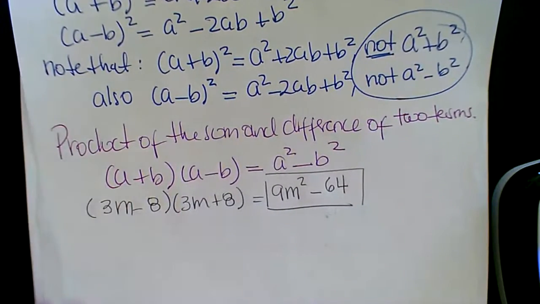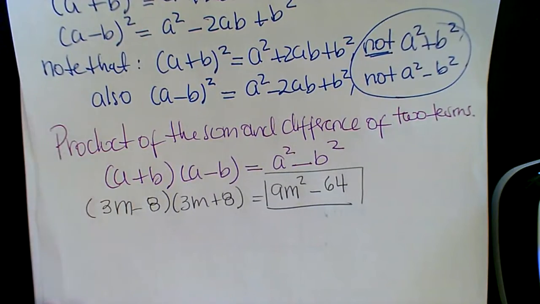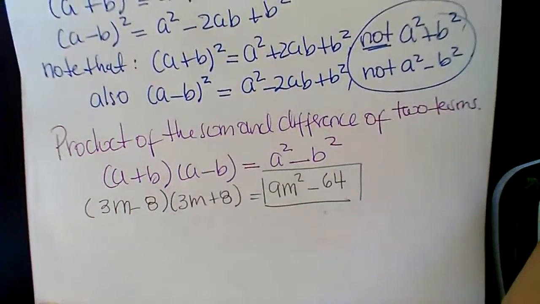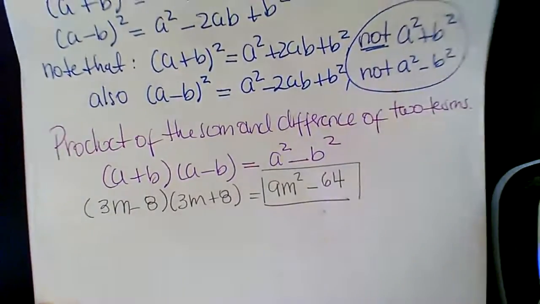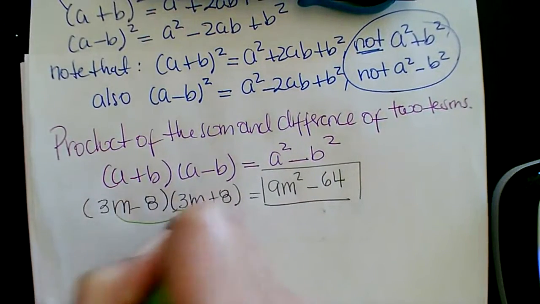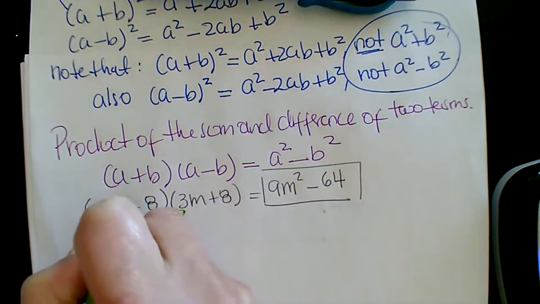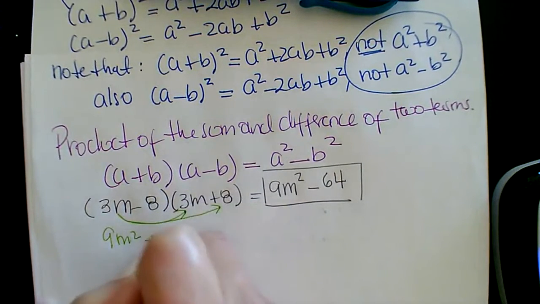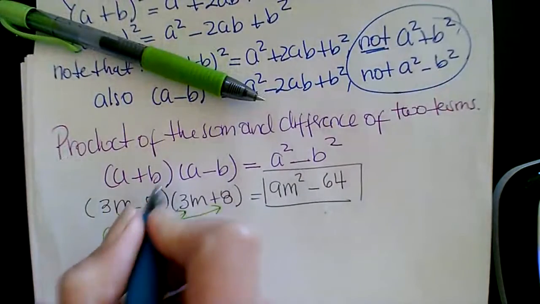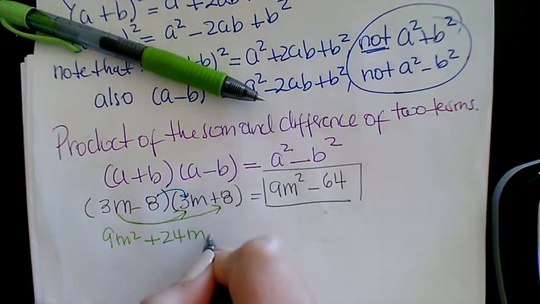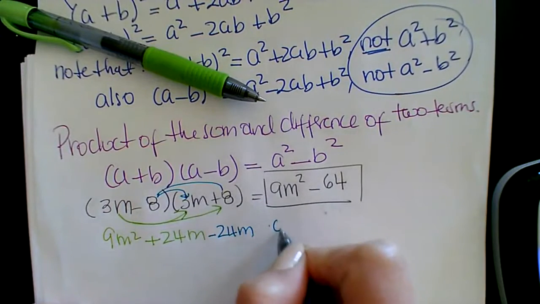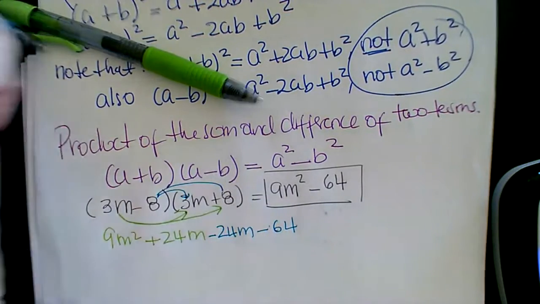Otherwise, we just do 3 times 3 is 9m squared, and negative 8 times 3 is negative 24m, plus 24m, and 8 times 8 is 64, and it's going to be negative.